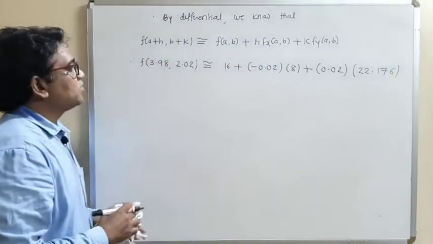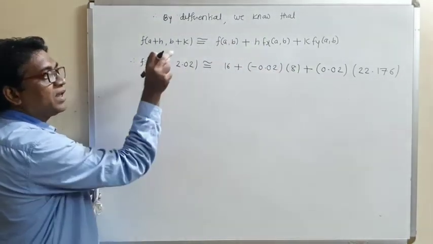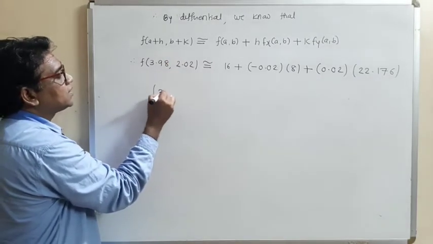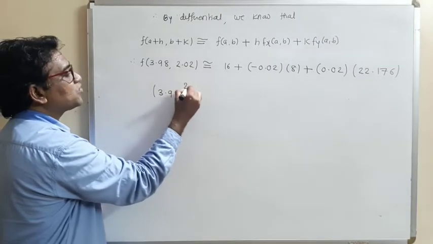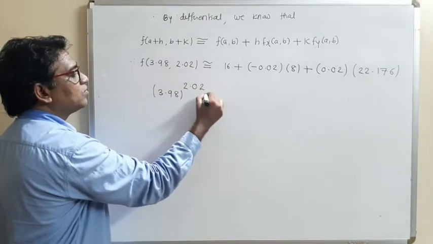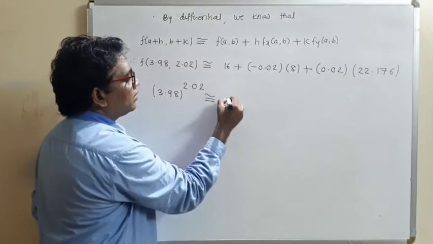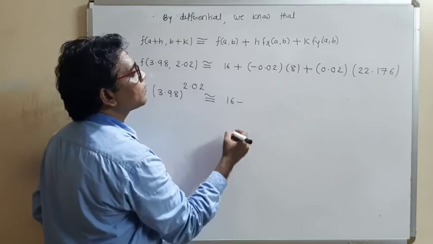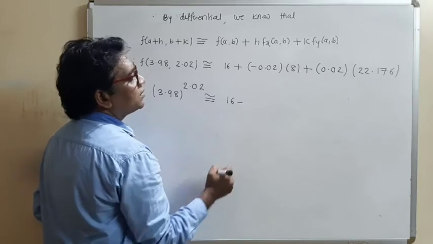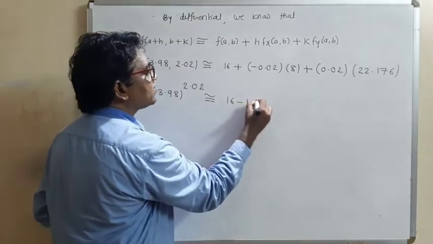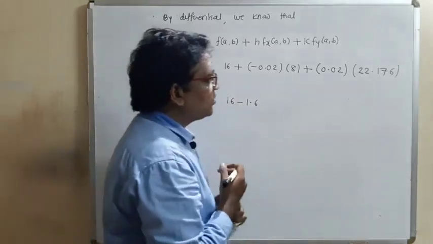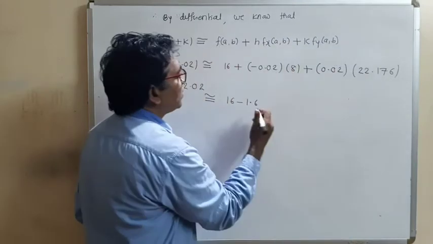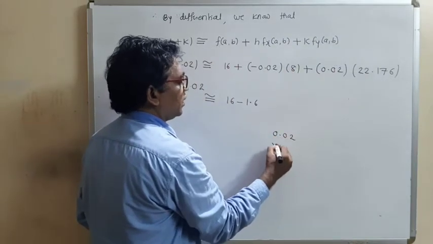So just find out the calculation. F means our given function. So what is our given function? This is 3.98 raised to 2.02. Now this is 16 minus, just multiply by 8. So this is 16, and 0.02 into 8. Sorry, this is 0.02 into 8.